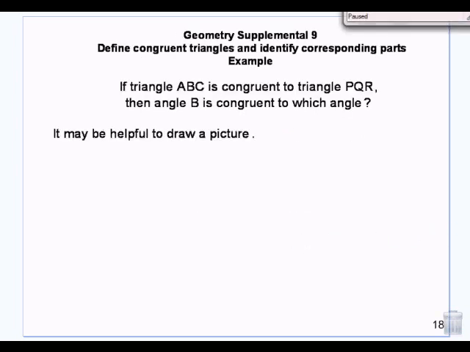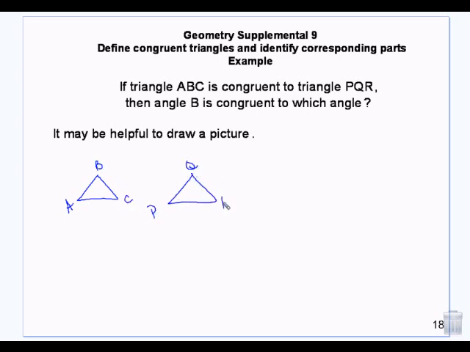So if we're asked which angle is angle B congruent to, you can either draw a picture and label it. Just remember that when you draw the picture, you go in the same order. And then you go, oh look, B and Q are in the same place. These are congruent.